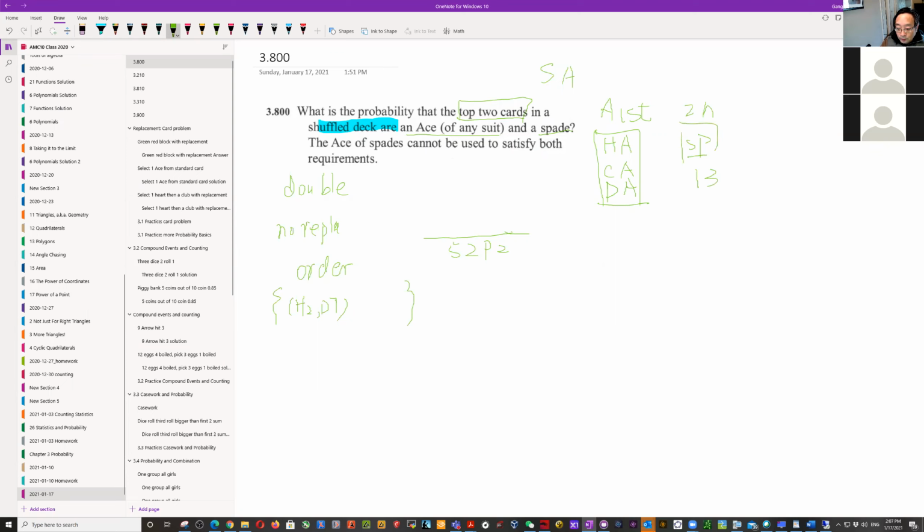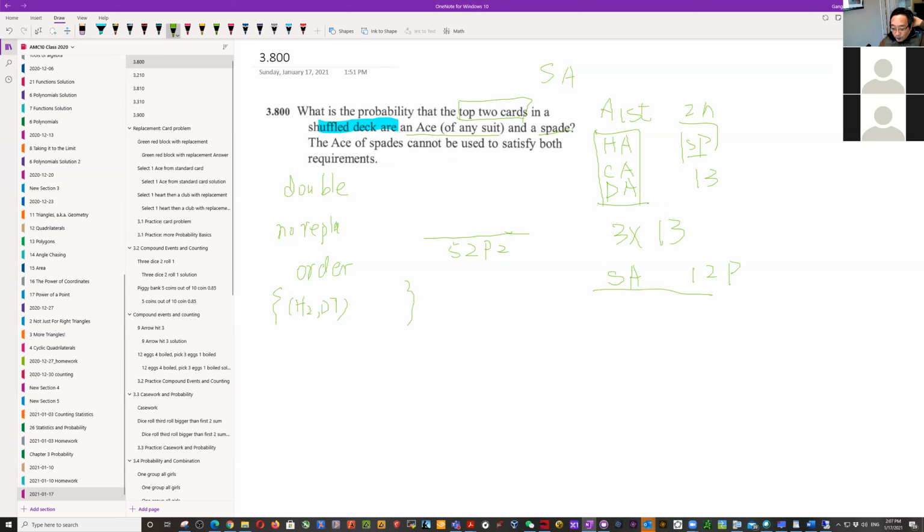So this is 13, which is 3 multiplied by 13. This is a sequence which works. Then if we get the spade A first, the remaining will be 12 spades. So this also works.